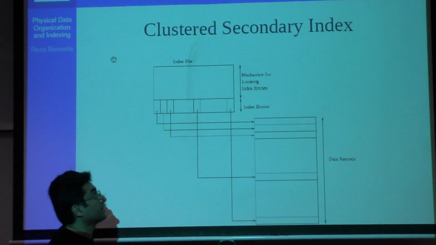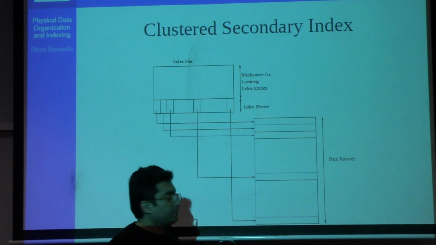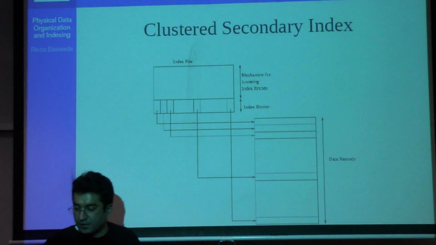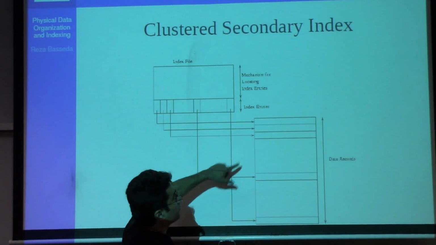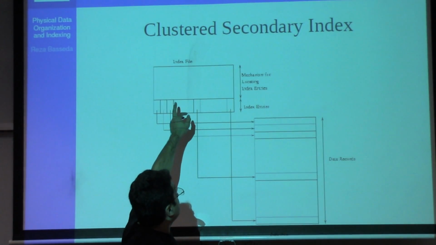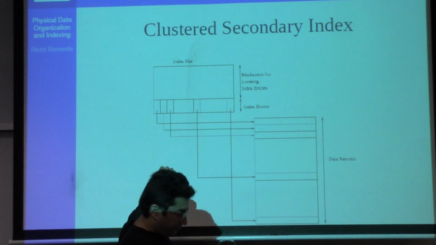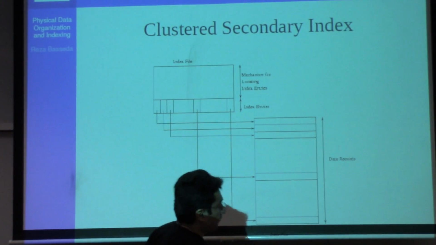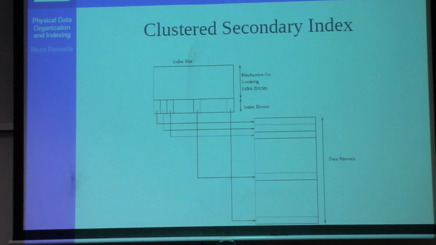Let's say a secondary index, clustered. The data records are sorted based on index entries. Also, the index is located somewhere else.